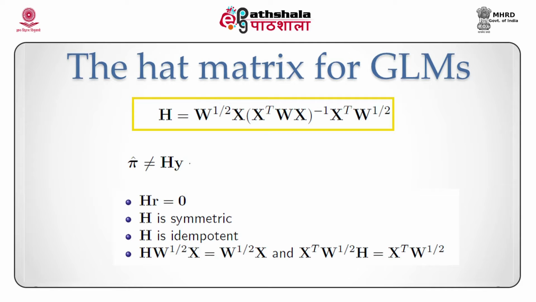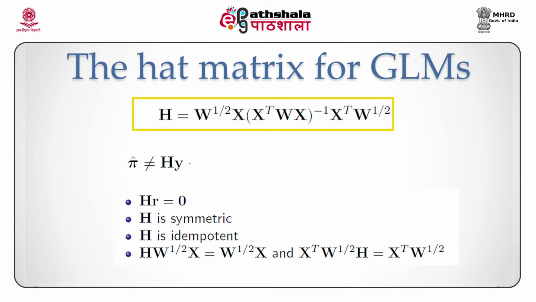Note that it is not possible for any matrix to multiply y and lead to y hat, because in this case it would not be possible to have pi hat restricted within the range of 0 and 1. However, there are some properties which the matrix H given on this slide shares with the hat matrix of linear models.